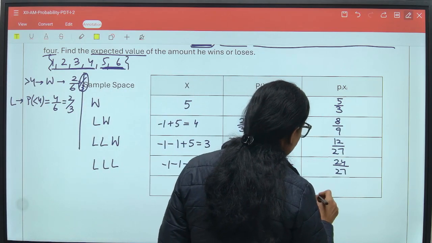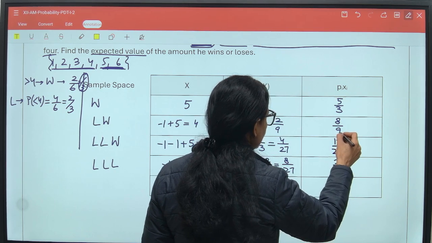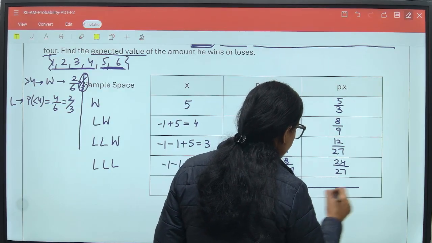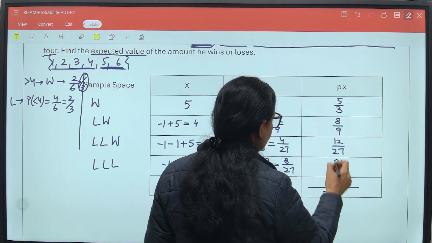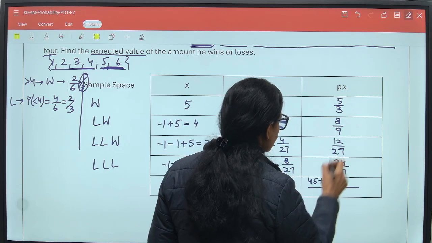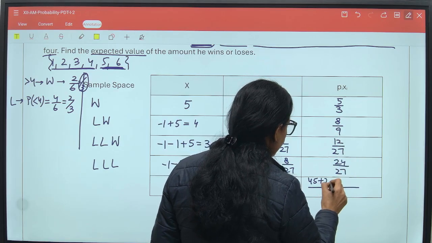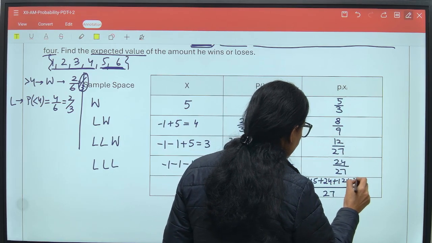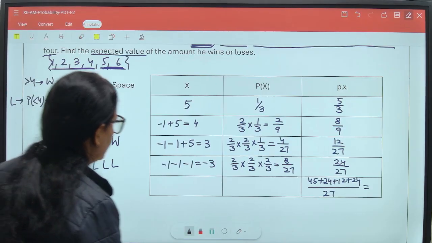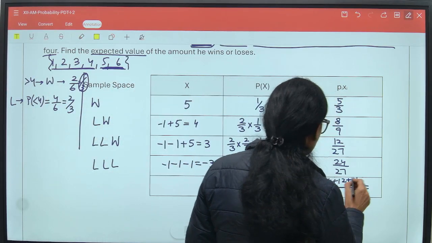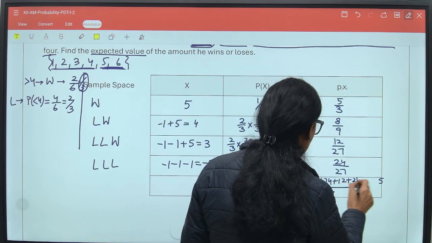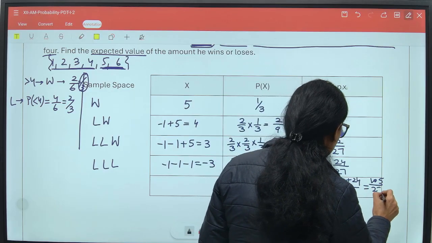So the LCM is 27. 9 threes are 27, 8 threes are 24. So let's put them together. So it is 27, and we have 3 nines are 27. So 5 nines are 45 plus 8 threes are 24 plus 12 plus 24 and then you add all of them. (105 by 27).